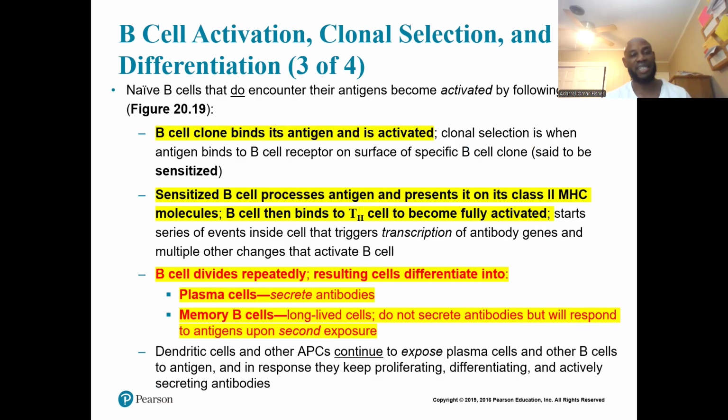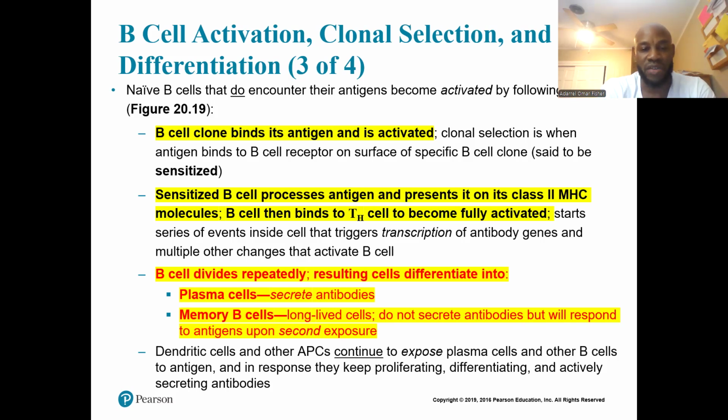A sensitized B cell processes the antigen from the surface of some type of cell and presents it on its class 2 MHC molecules. The B cell then binds to the helper T cell to become fully activated. This starts a whole series of events inside the cell that triggers transcription of antibody genes and multiple other changes that activate the B cell.